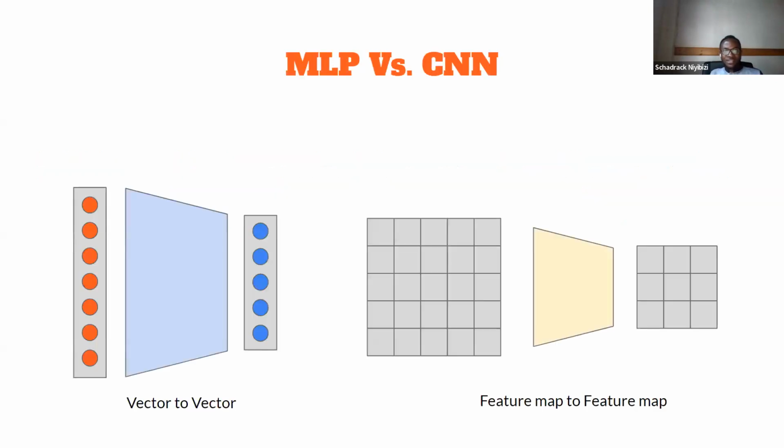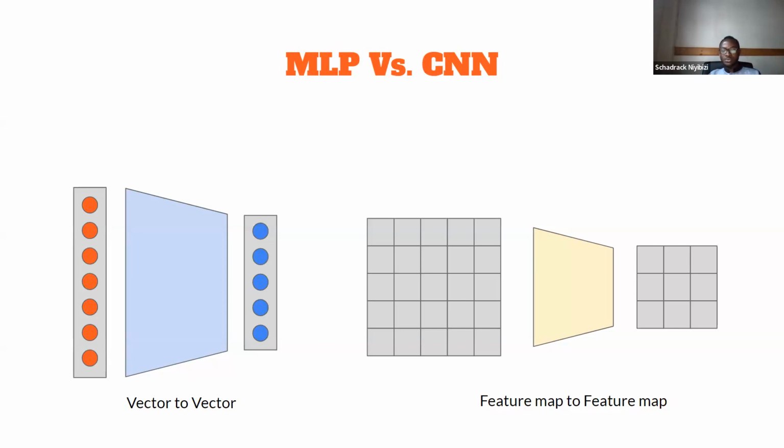All right, so we can see the comparison between the MLP and the CNN. For the MLP, we talk about vector to vector. Remember that when you want to pass our input to the MLP, we need to flatten the input so that we can have a one-dimension vector. If you are trying to process 10 images or 32 images or 64 images at the same time, that's what we refer to as batches.